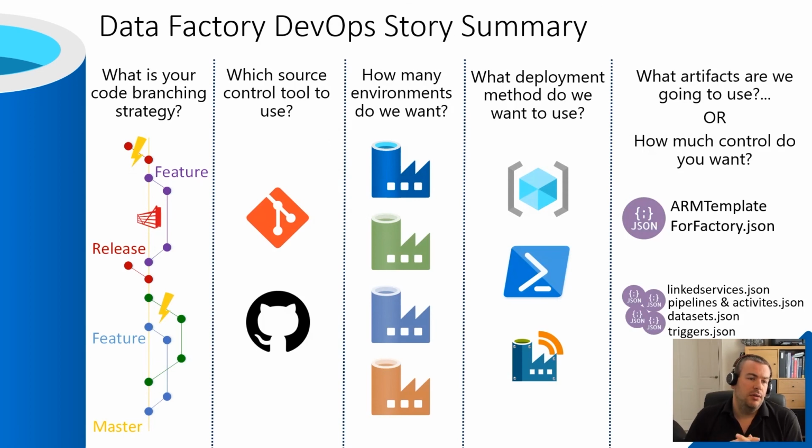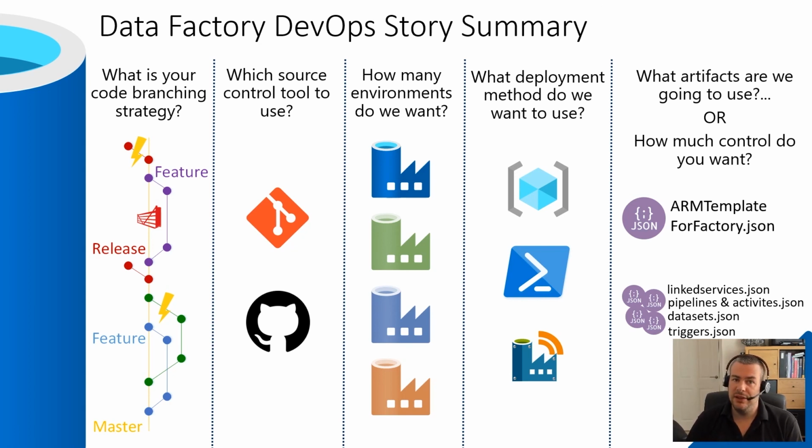So what I've tried to do is distill that Data Factory DevOps story for you and summarize it into just a set of questions that you might want to ask yourself if you're doing this. I've shown you a few different approaches, but you need to think about what your branching strategy is, what source code tool you're going to use, how many Data Factory environments you're going to have, and how you're going to handle that debug environment versus dev versus whatever else may come after it.